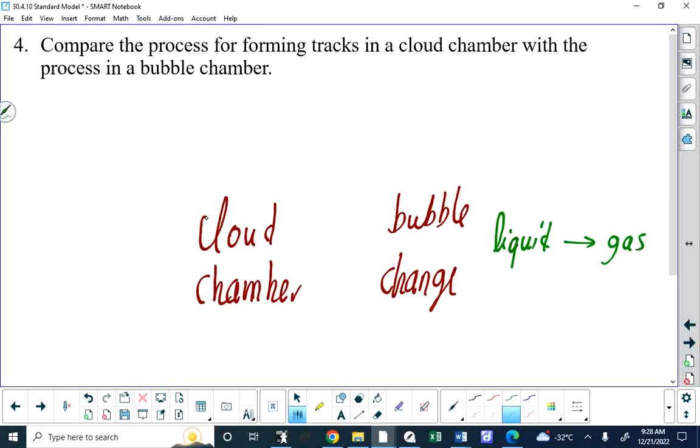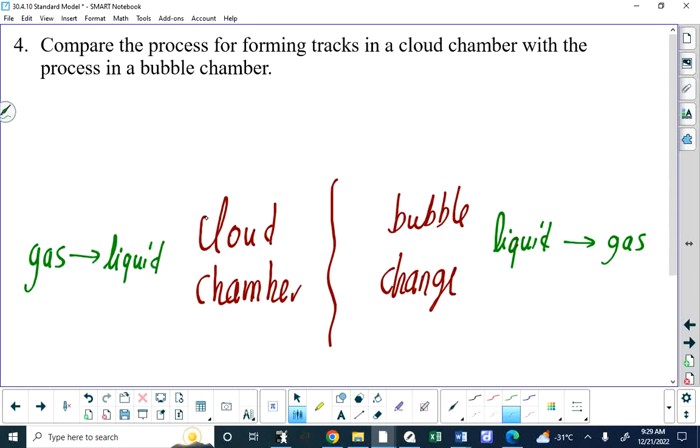So what a bubble chamber has is, I think it's sometimes called a superheated liquid. It's a liquid that's almost at the boiling point or the vaporization point. On the other hand, what a cloud chamber uses is the principle of going from a gas to a liquid.